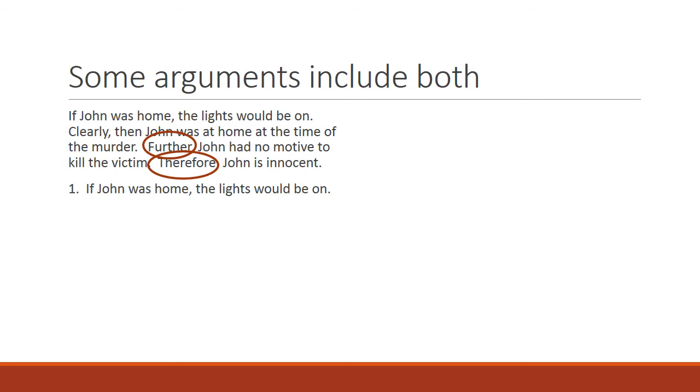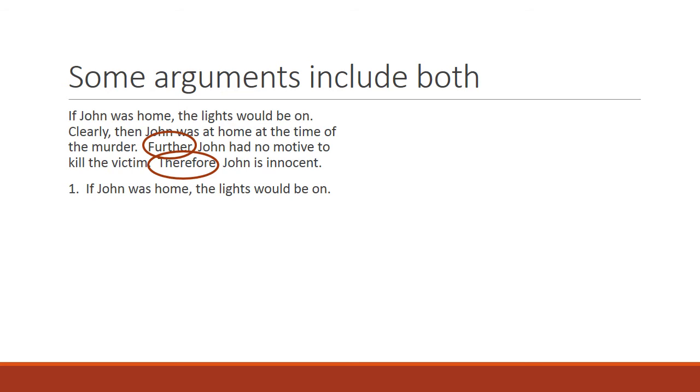Now let's make a little side note about if-then statements. An if-then statement is called a conditional. What it says is that if the first part, the condition, happens, then the result will follow. In this case, the condition is John being home. If that condition turns out to be true, then the lights will be on. That's the result. The first part of any conditional, the if phrase, is, as you may guess, iffy.